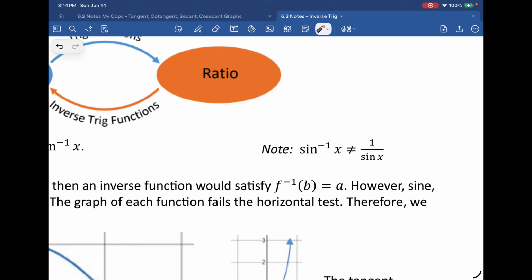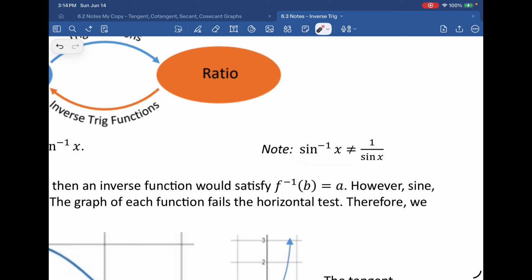When we're taking a trig function, typically we'll have sine of some angle equals a value. It really equals the ratio of sides.